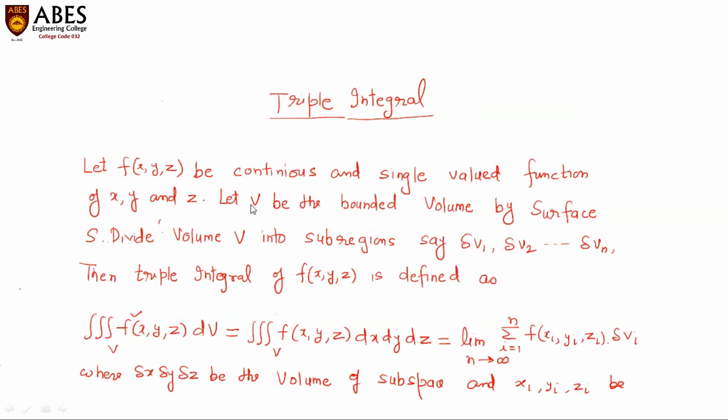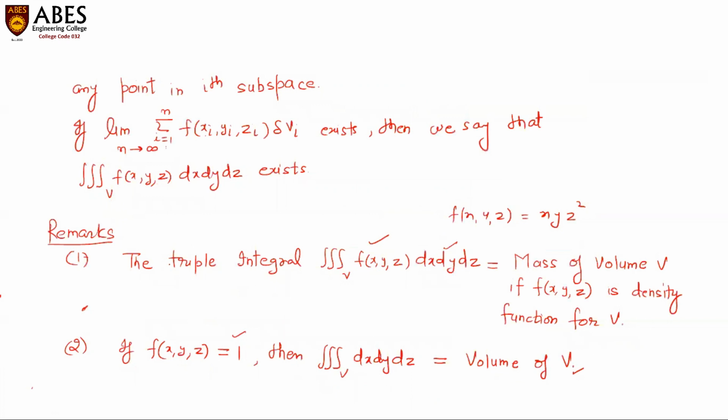Then the triple integral of function f(x, y, z) is defined as the triple integration over V of f(x, y, z) dV, equal to the triple integration over V of f(x, y, z) dx dy dz, equal to the limit as n tends to infinity of the summation, i from 1 to n, of f(xi, yi, zi) into del Vi, where del x, del y, del z give the volume of the subspace and (xi, yi, zi) is any point in the subspace.